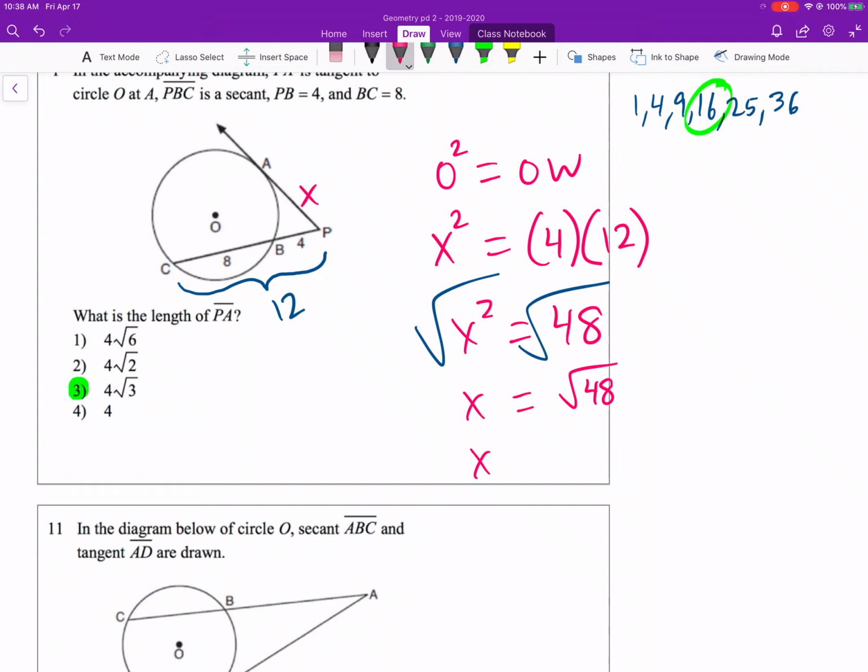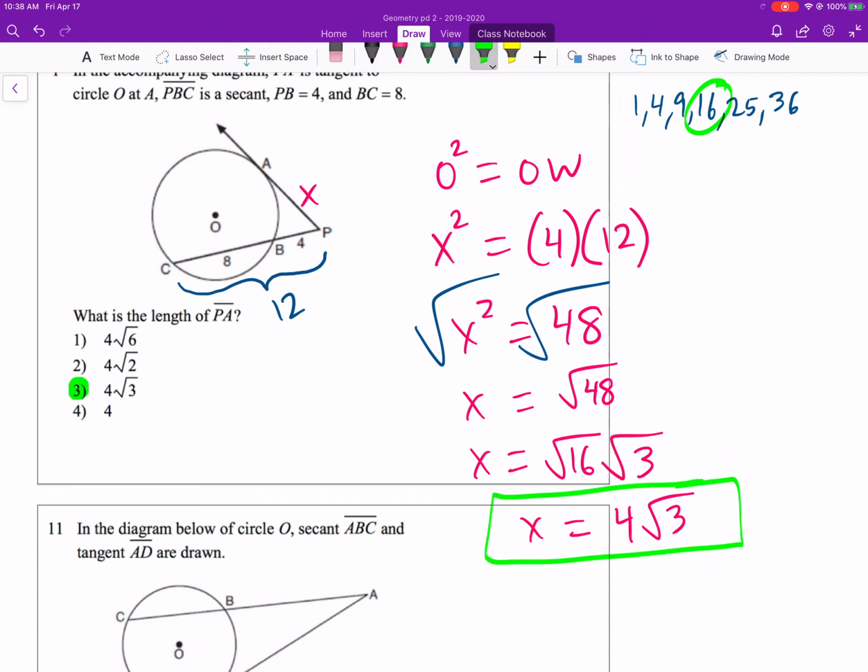So now you write it as two radicals, radical 16, and radical 16 times what gives me 48? That would be 3. Now the perfect square will simplify to 4, and the 3 that's not a perfect square just stays as is. So that's where 4 radical 3 comes from.